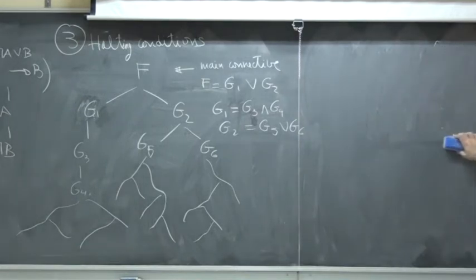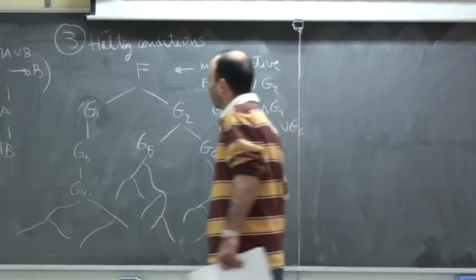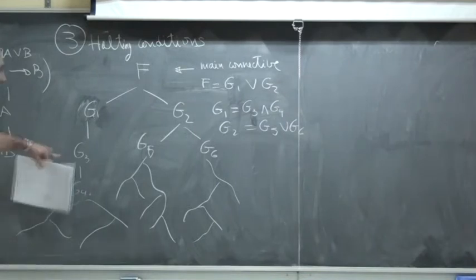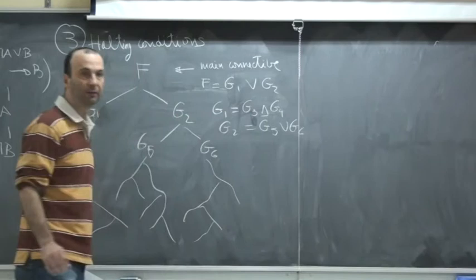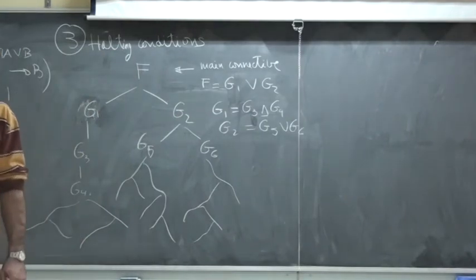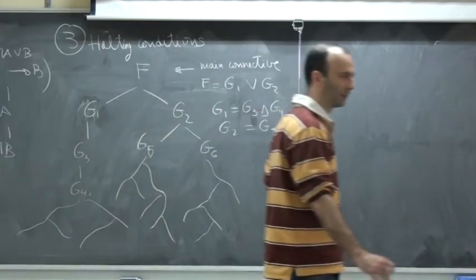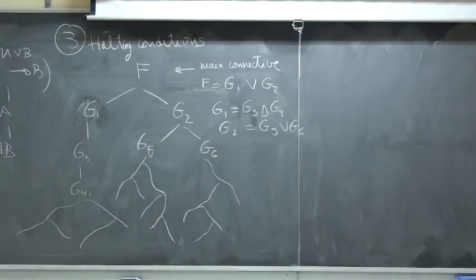You have to divide it into 2 branches, G3 and G4, I think. Here? No, because I just said it was and. It was a conjunctive formula. Right? I'm going to make an example right now as soon as I finish the halting conditions.